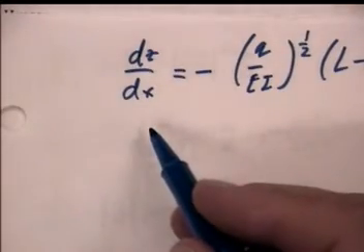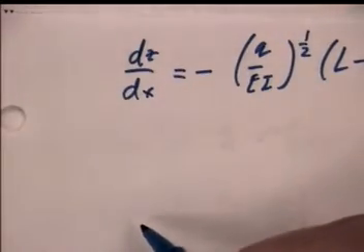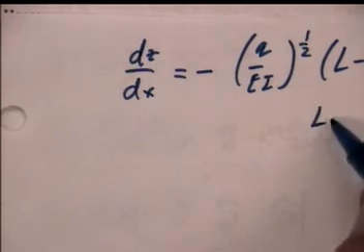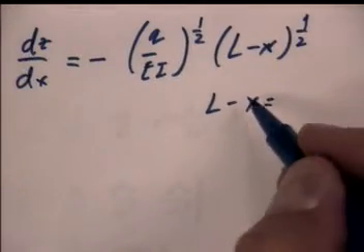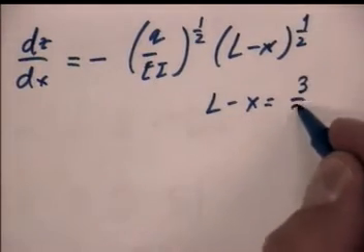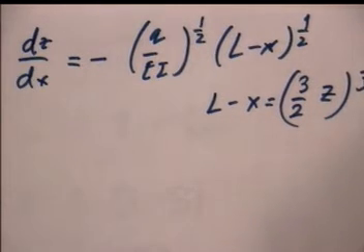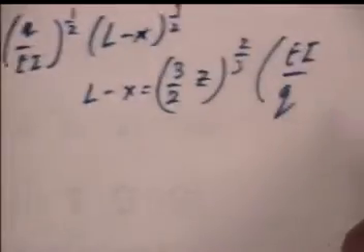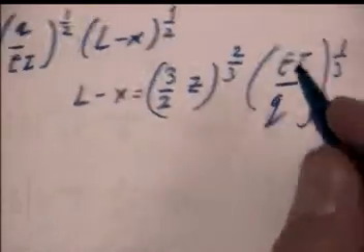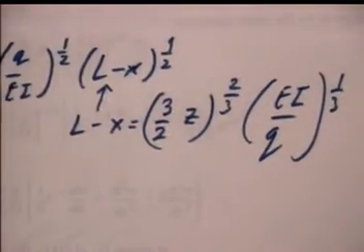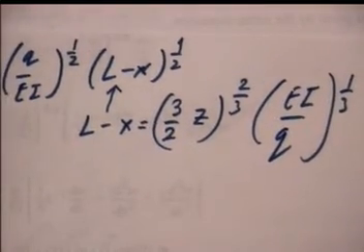That was dz dx. Now I will substitute this L minus x, we wrote, equals 3/2 z in power 2/3 EI over Q in power 1/3. So I want this to be substituted here, into L minus x in power 1/2.